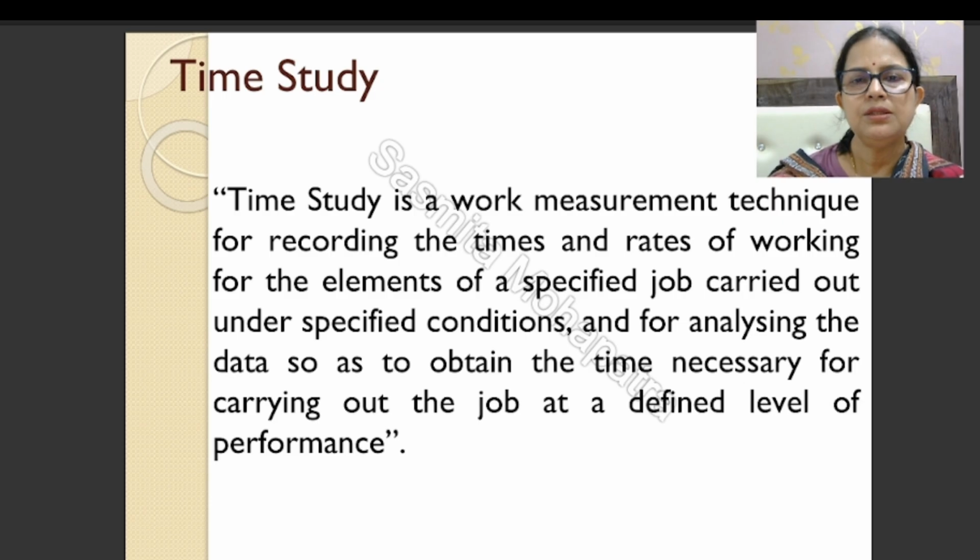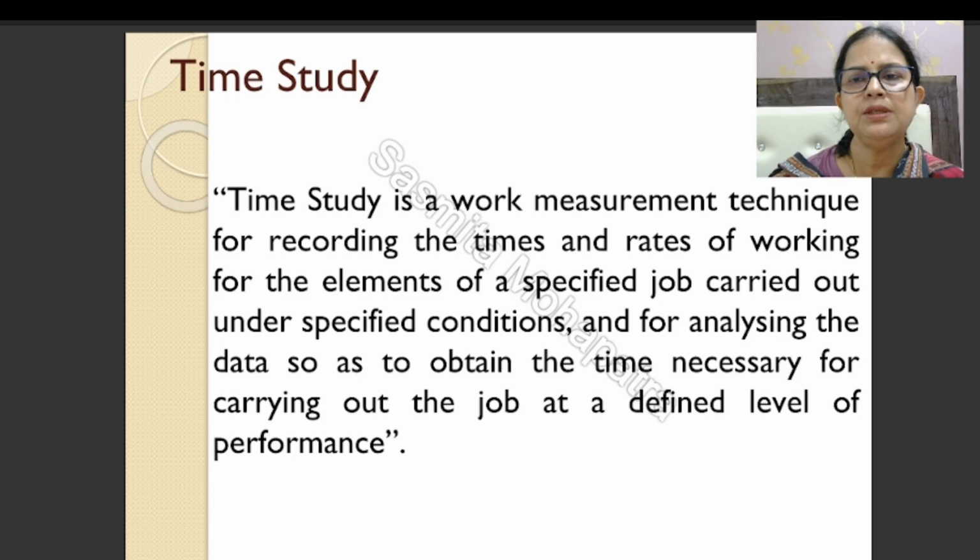So we record the times and the rate or speed of the workers who work in normal conditions, and the time taken to complete that particular work or job. Then we record the time, analyze it, and fix a time for that specified work to be completed.